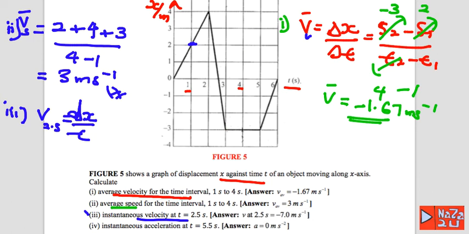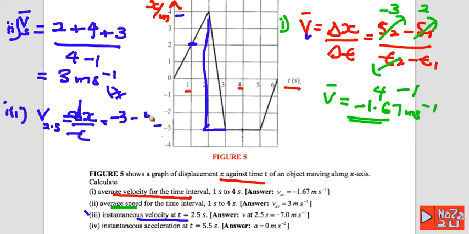If you find the gradient here, use a triangle. So this is the final displacement, and this is the initial 4. Because this is negative, this is negative 3 minus 4.